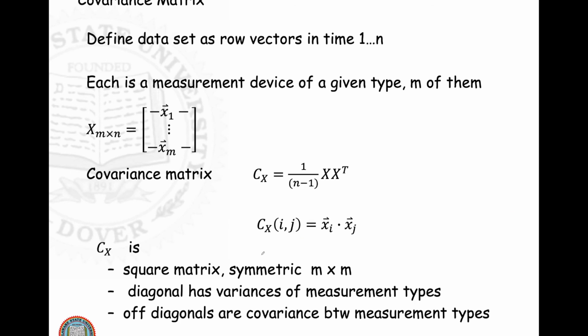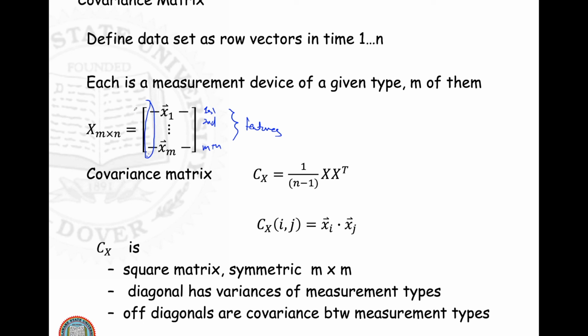Okay. And so let's define a data set as a set of row vectors in time. And so each measurement type is going to occupy a row. And so here we have the first measurement type, we have the second measurement type, up to the mth measurement type. Now, each one of these measurement types are what we were calling features. All right, so in this particular column, we're going to have the first measurement across each of the m features.